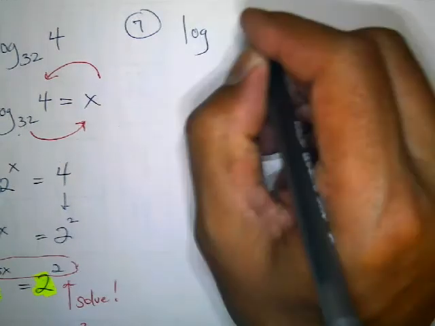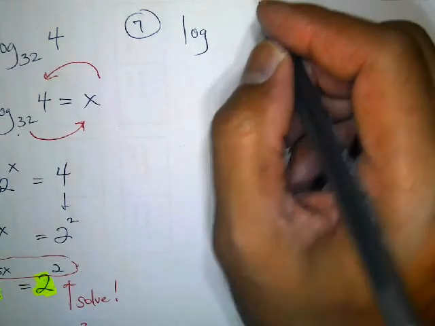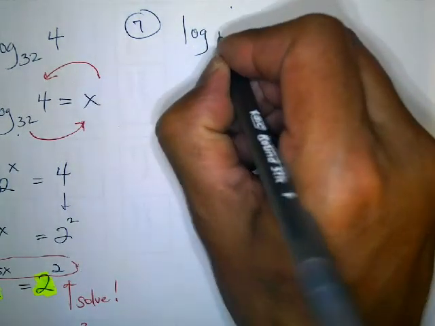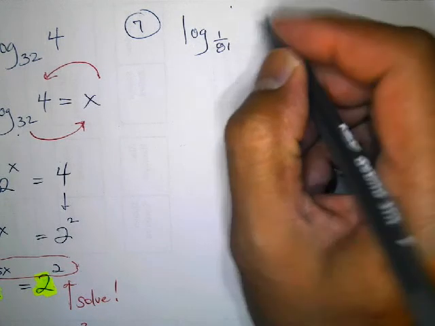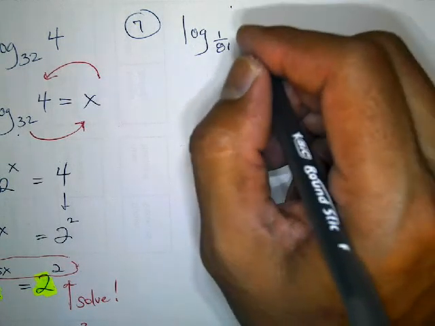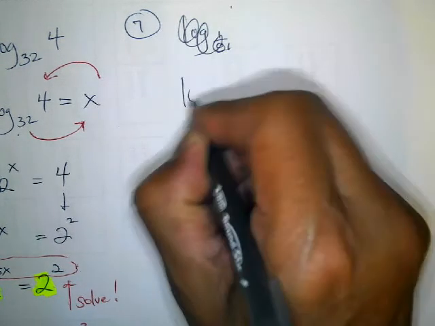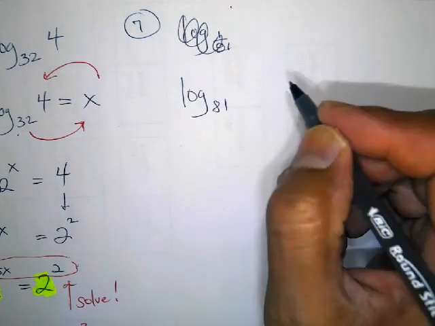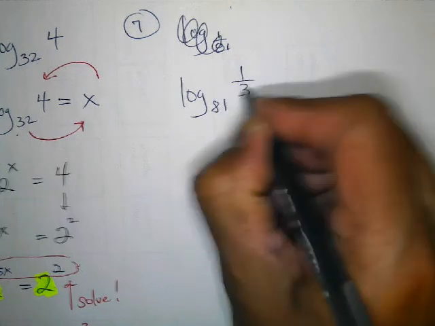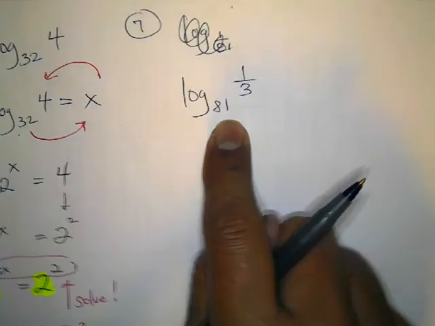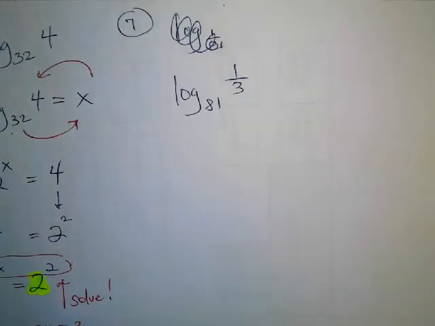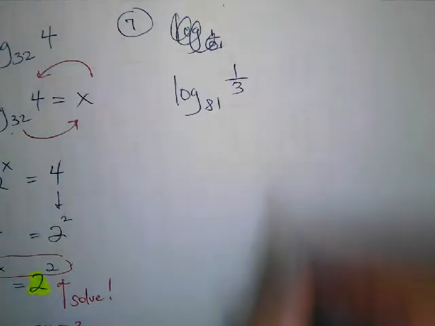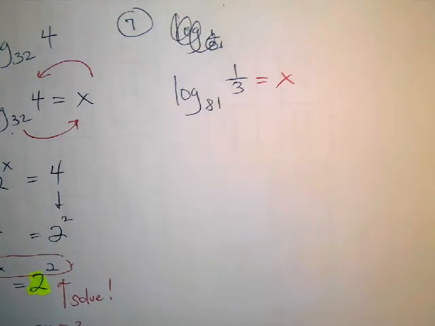Okay, 7. Log base 1 over 81, what? Oh, no, I wrote that wrong. Sorry. Log base 81 of 1/3. The fraction is here.